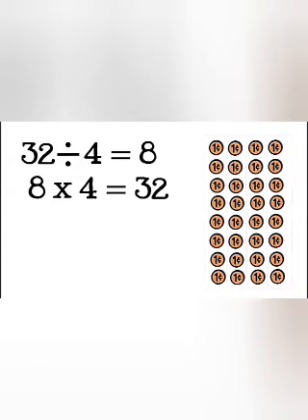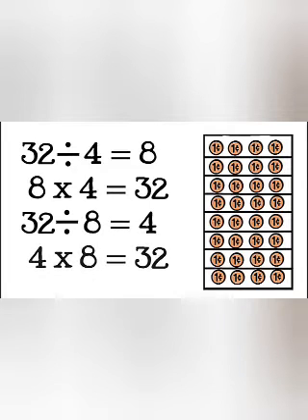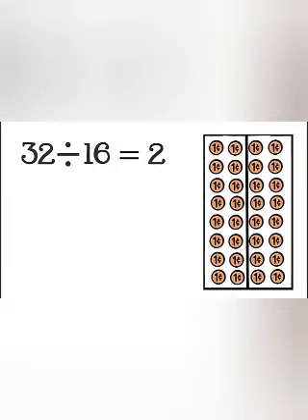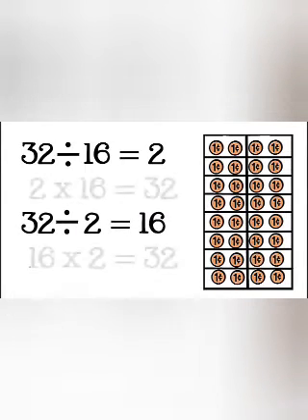How else could we divide 32? Well, because 32 divided by 4 equals 8, we know that we could divide 32 by 8. 32 divided by 8 equals 4. Remember our related facts? We could also divide 32 into 2 equal groups of 16, or into 16 groups of 2, and those facts are related as well.